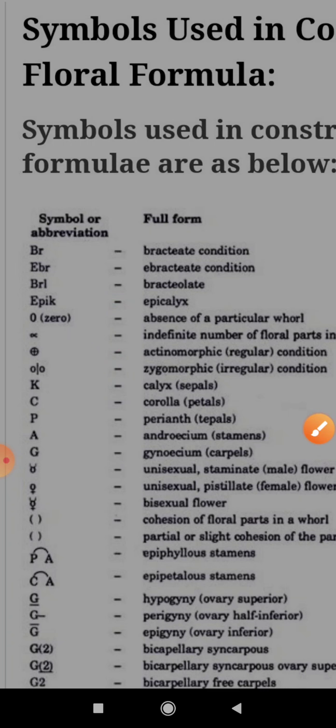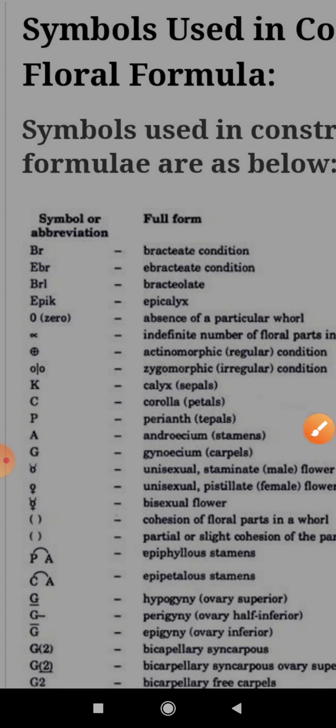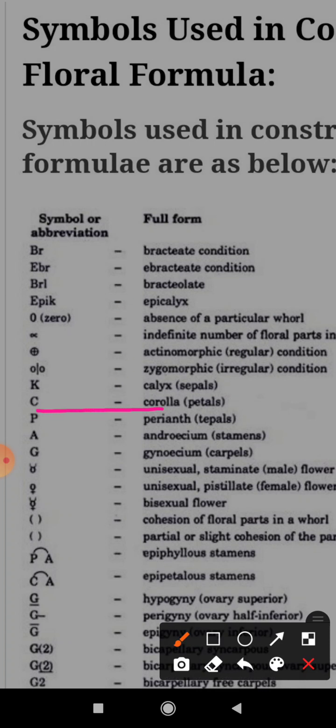Then I told you that the calyx or the sepals, outermost, are represented by the alphabet K, a capital K, right? Then comes the corolla or the petals. The petals are represented by capital C, corolla.